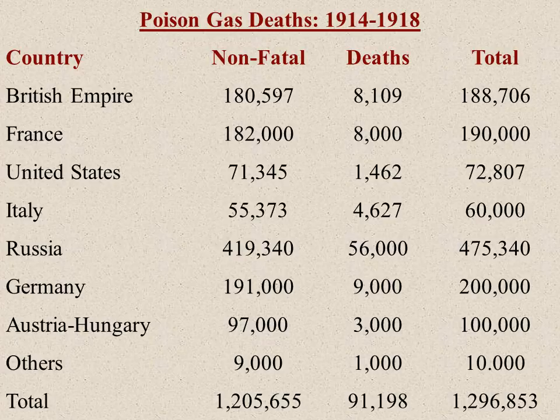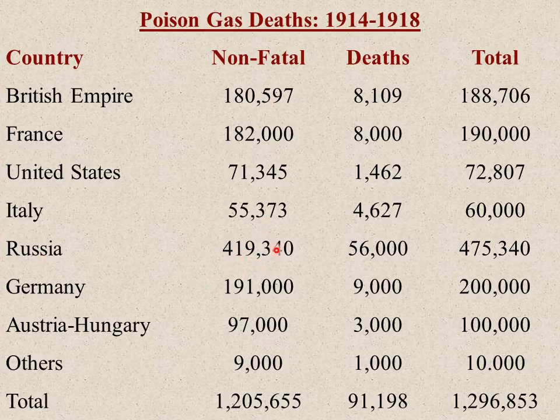Here's one more thing you could write on the gas attacks. So these are poison gas deaths. Which country do you think had the most deaths? Well, let's look at which country just got wounded, didn't actually die. That would be down here.